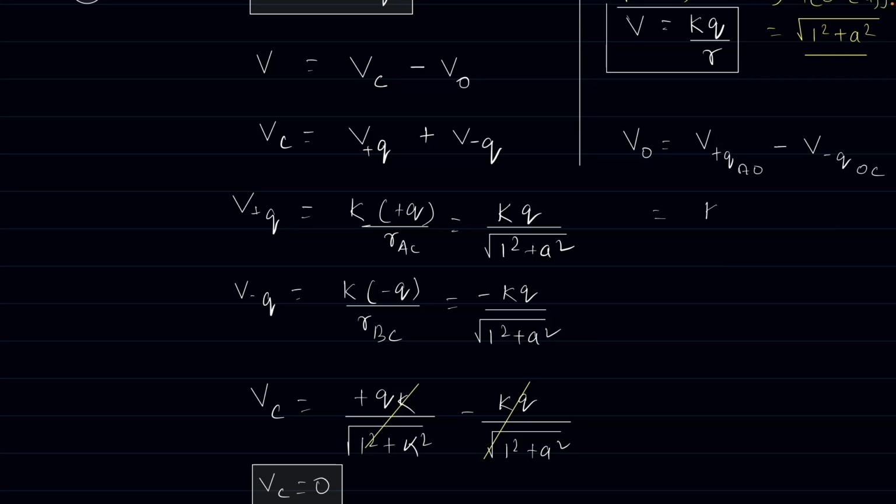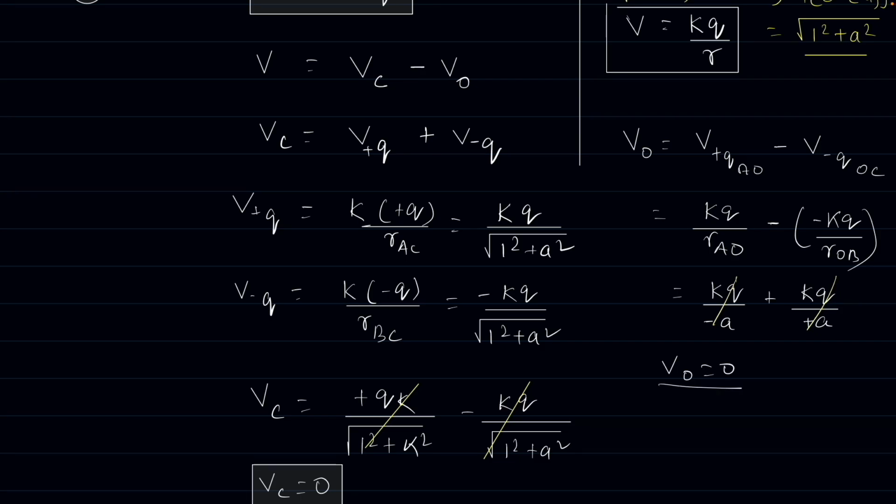So here kq by r_AO minus of minus kq by r_OB. This is equal to kq by minus A plus kq by plus A. Again, these two cancel. So here we say that Vo is equal to 0.